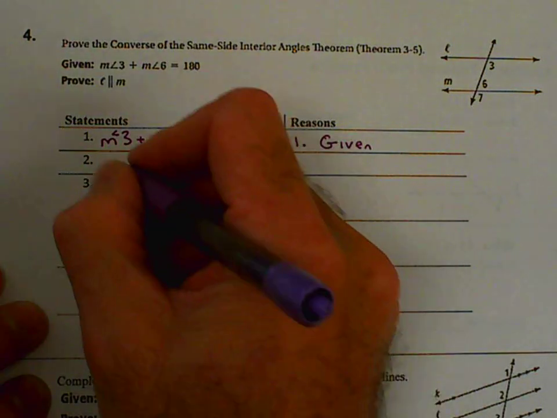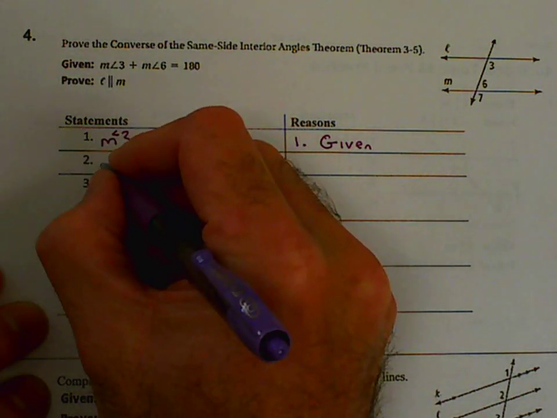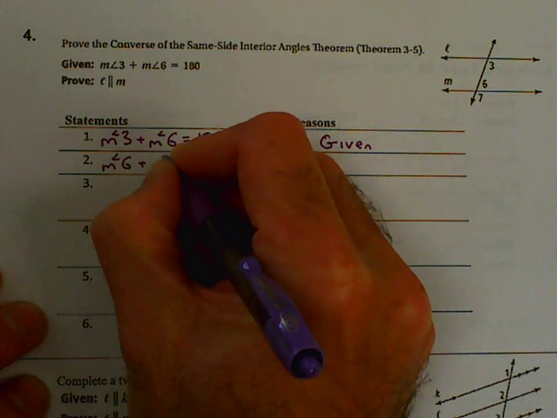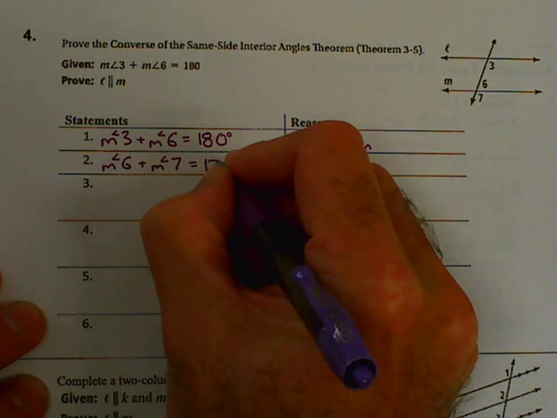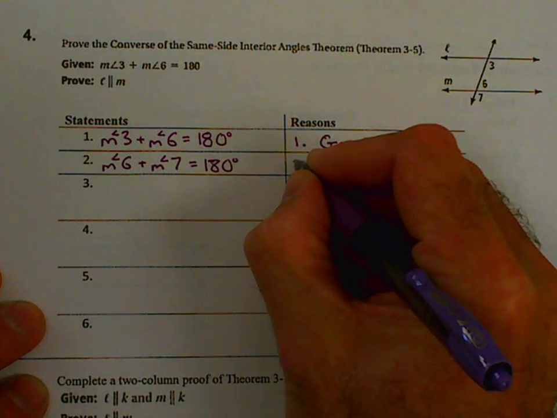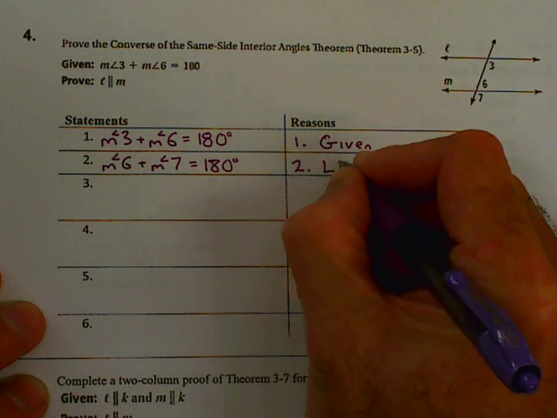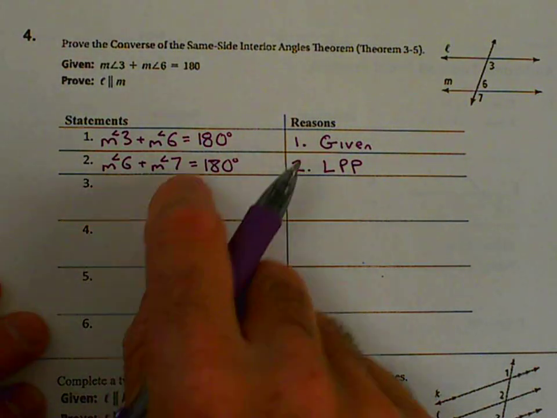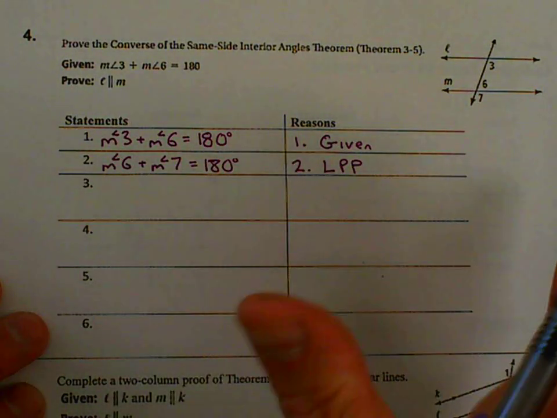So in this case, I'm going to say the measure of angle 6 plus the measure of angle 7 equals 180 by linear pair postulate, LPP. Once I have that, now I can use substitution or the transitive property.